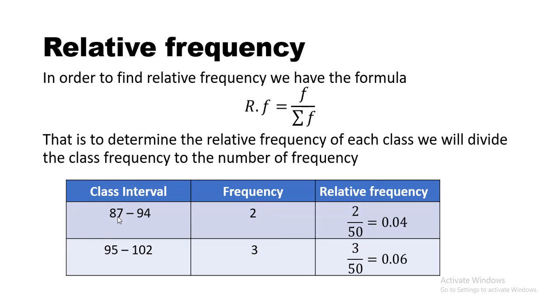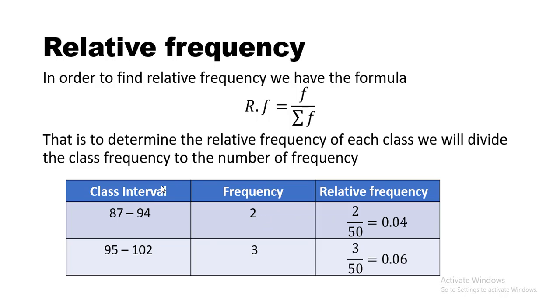Let's say in this table the class interval from 87 to 94 has frequency 2. To find the relative frequency of this class, I divide this frequency by the total frequency that has been calculated, and the answer is my relative frequency.